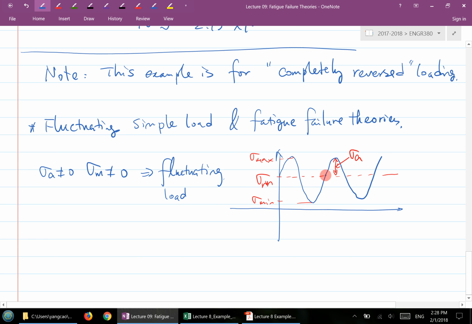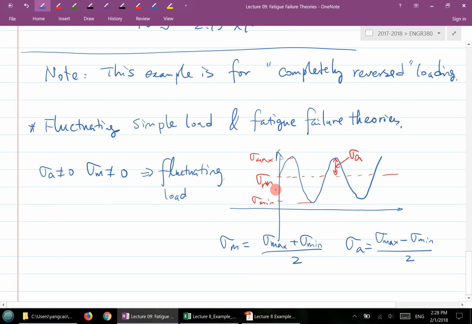If you have, let's say, this kind of loading here, you can derive the connection between the symbols: sigma m is equal to sigma max plus sigma min, over 2. So you can calculate sigma m based on sigma min and sigma max. You can also calculate sigma a based on sigma max and sigma min. It's a sinusoidal curve, and you can easily get that relationship.